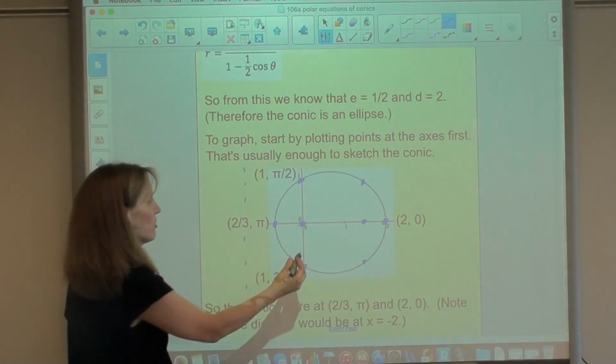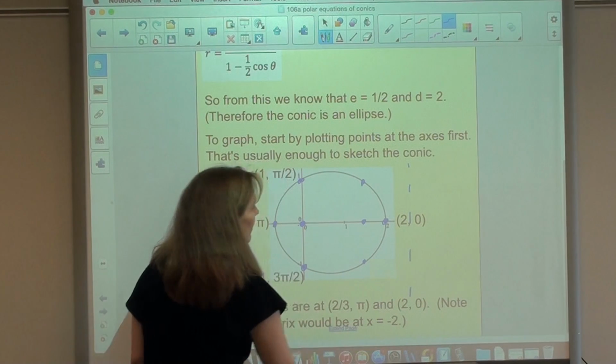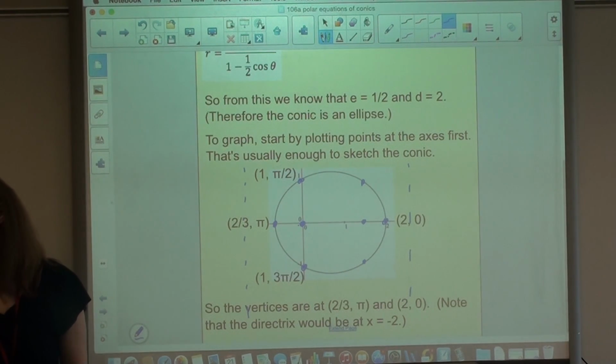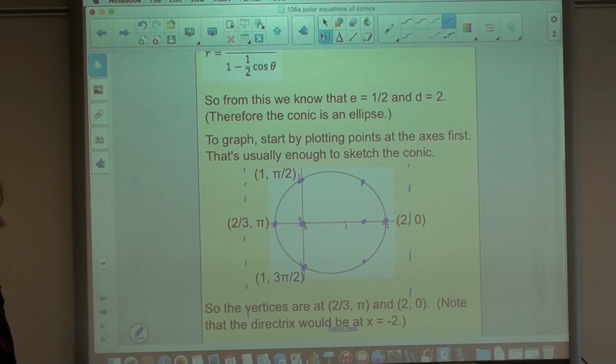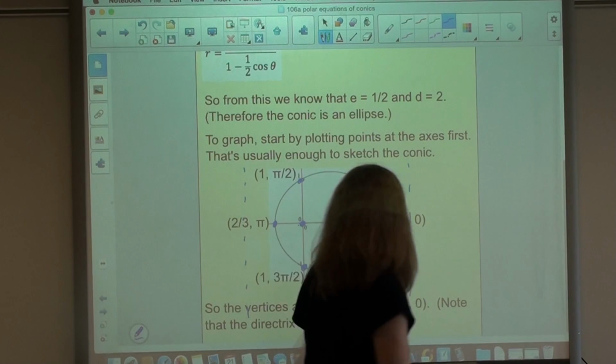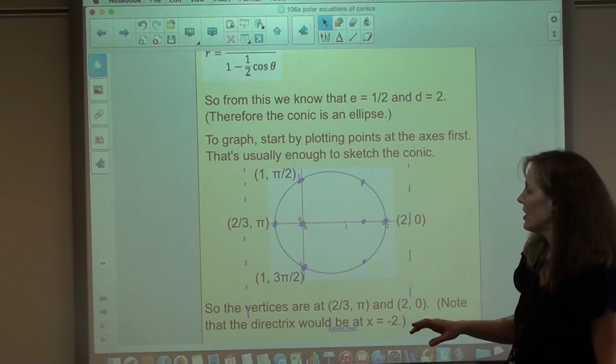There would actually be another one over here. Do we always graph the directrix? It doesn't matter, the ellipse is the main thing. Okay, so there you go.